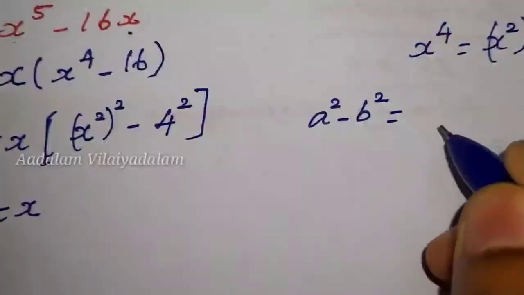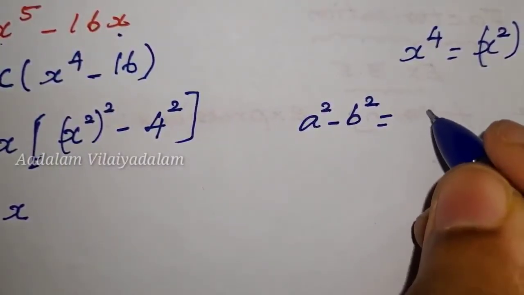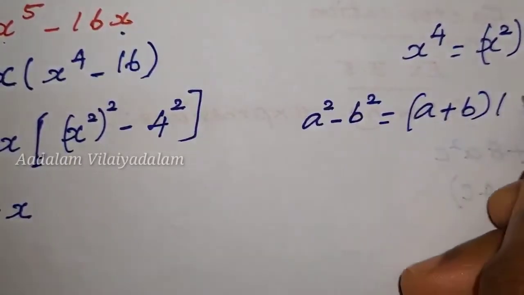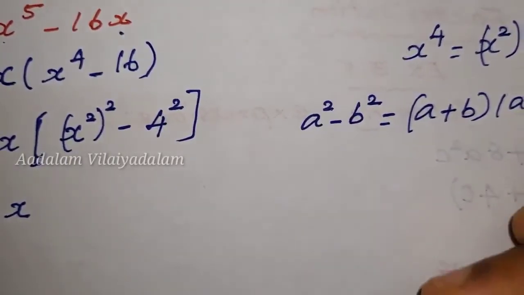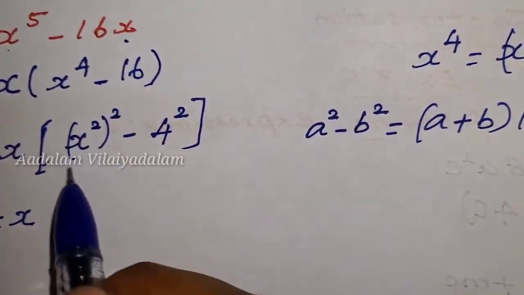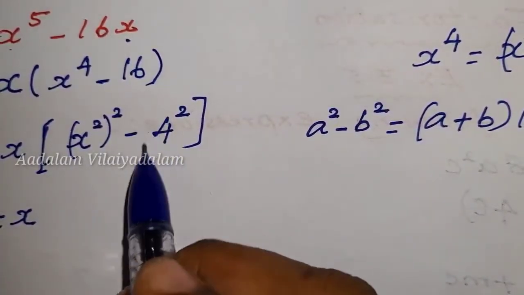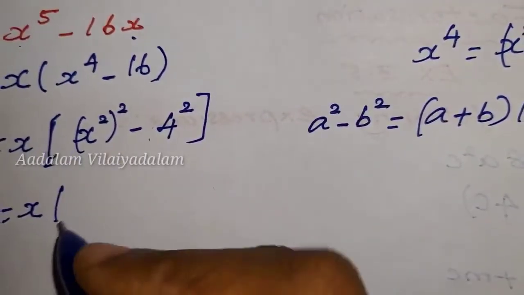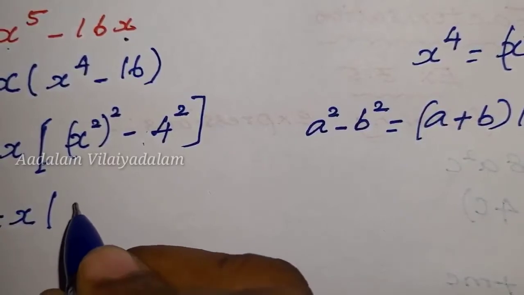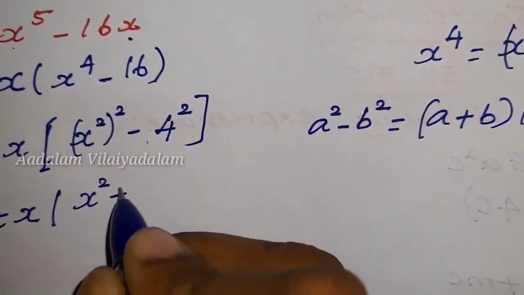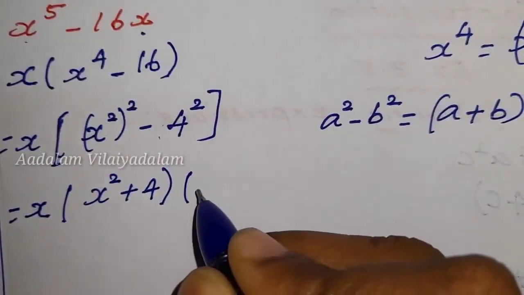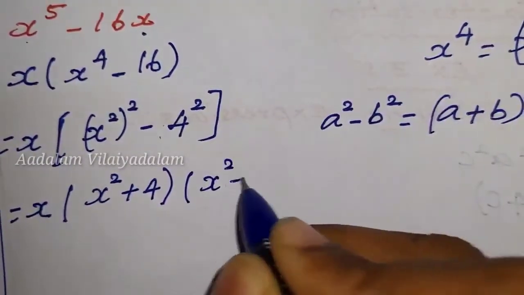We know that a square minus b square equals a plus b into a minus b. So here what is the a term? The a is x square, b equal to 4. Just apply the formula: that is x square plus 4, a plus b, into a minus b, that is x square minus 4.